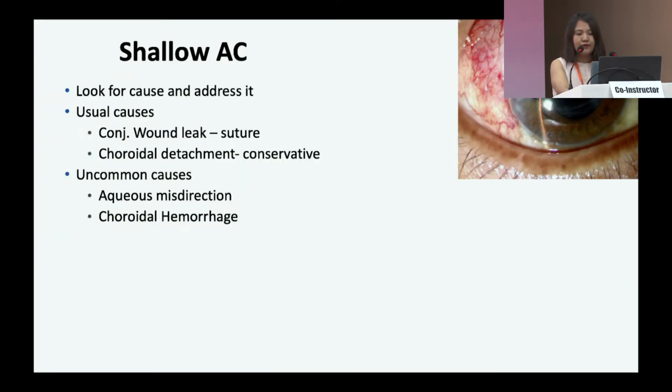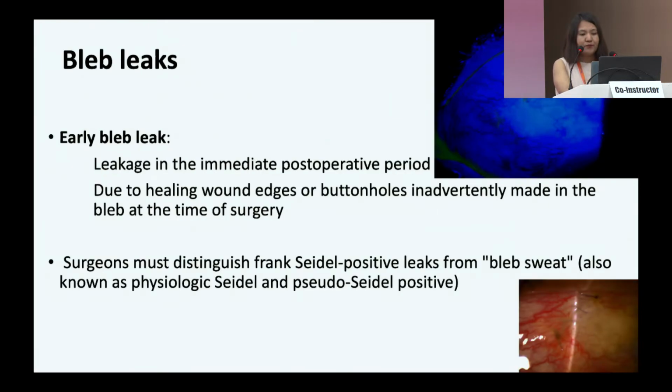When you see a shallow AC, you must think about the common causes, that is a leak, most commonly a conjunctival wound leak, or a choroidal detachment. So if there's an early bleb leak, think about looking at the cause. If there's a positive Seidel, then you can either consider using a large diameter bandage contact lens or resuturing.